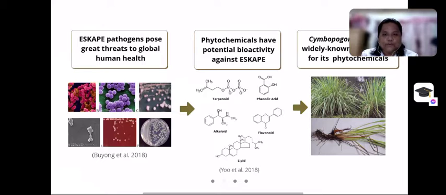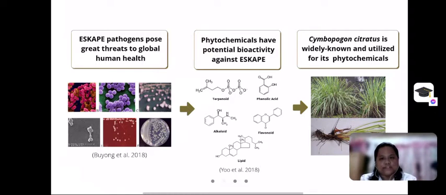Meanwhile, Cymbopogon citratus is a perennial herb that is widely known and utilized for its phytochemicals, which were found to have medicinal properties such as anti-cancer and antibacterial activity. Studies have also reported C. citratus inhibition on human pathogens such as Staphylococcus aureus, Acinetobacter baumannii, and other human pathogens.